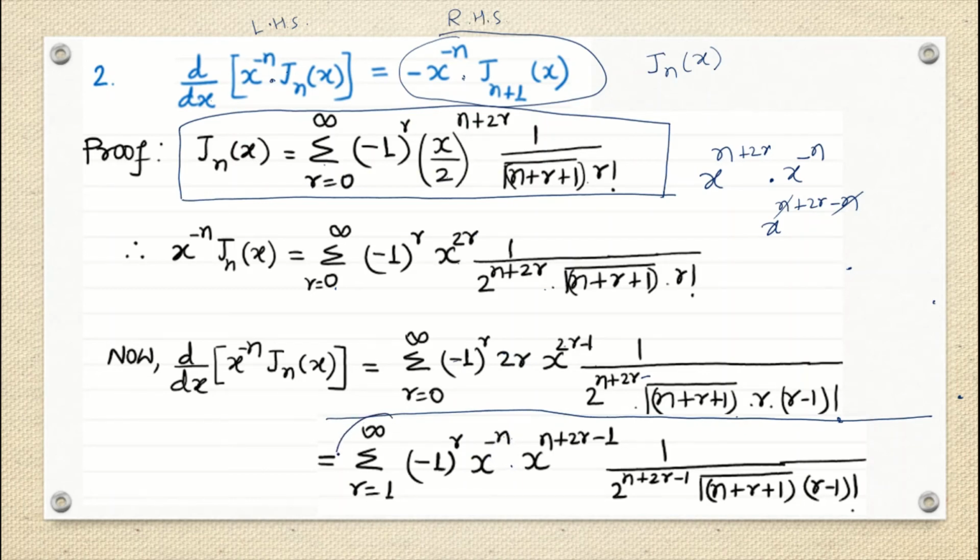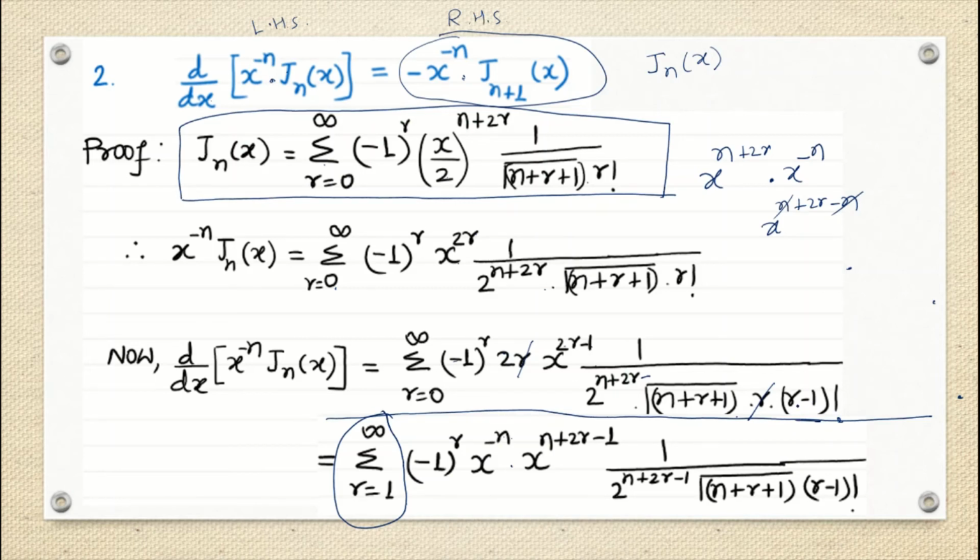Here the summation actually starts from 1 to infinity. Why have we made these changes? Everything else we have discussed, but what we can notice here is that now the summation is from 1 till infinity. The reason is that since we have cancelled out this r and this r also, the term present here is factorial r minus 1.